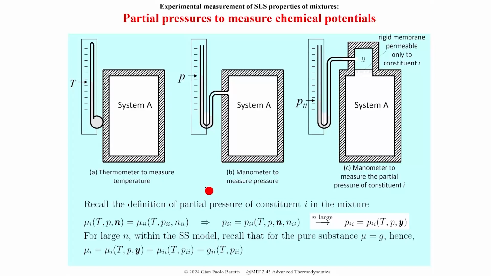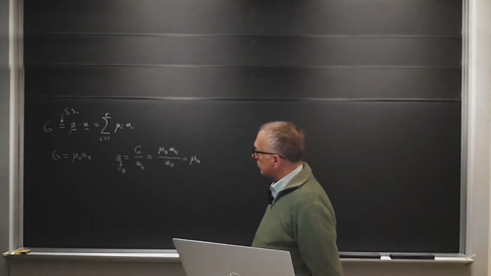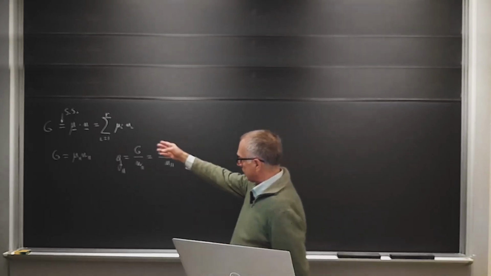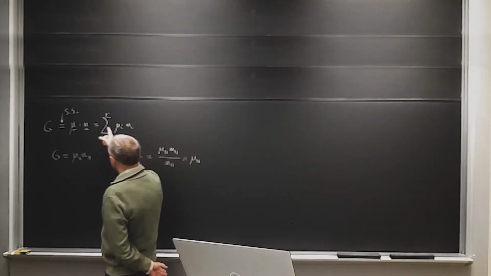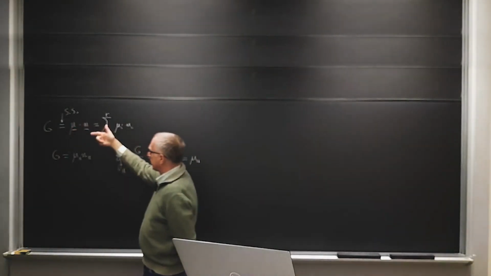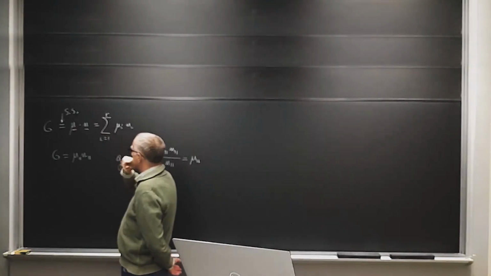So how do we measure properties? Well, we said that the chemical potentials are central because they determine, for example, the Gibbs free energy, which is a Legendre transform of the fundamental relation, and therefore you can extract all the information from it.